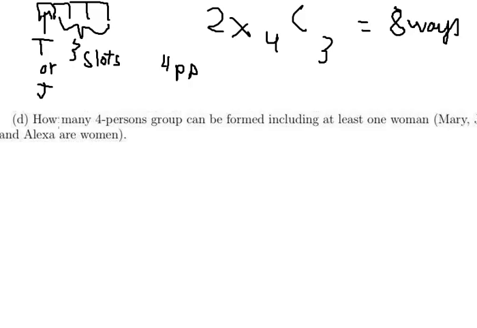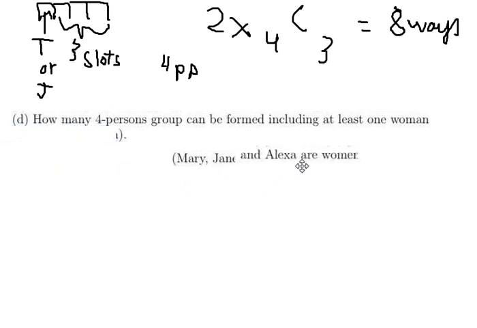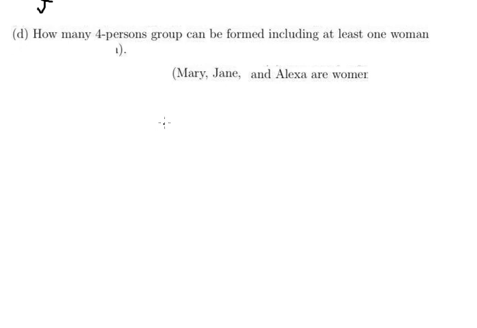The last one: how many 4-person groups can be formed including at least 1 woman? So we have 3 people here: Mary, Jane and Alexa are women. In this situation, we need to find the groups of 4 people that are all male.